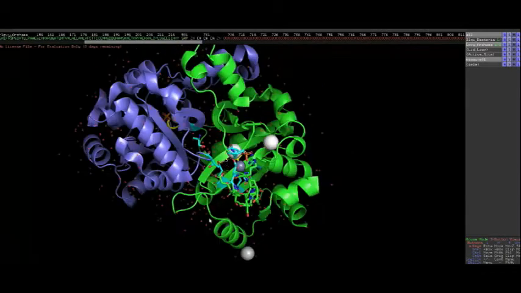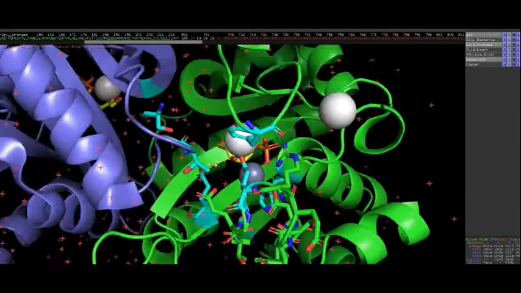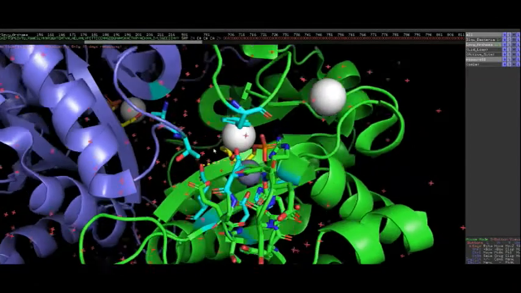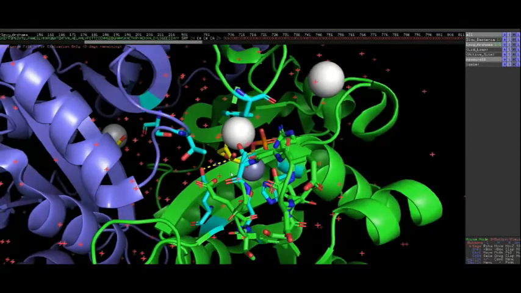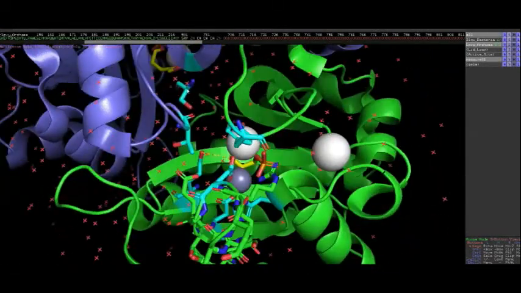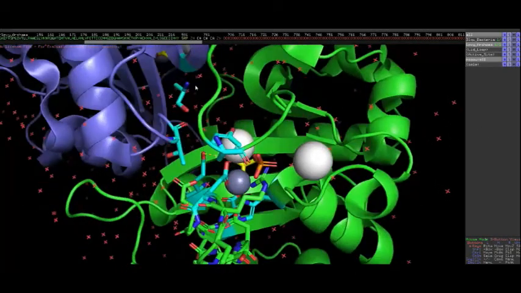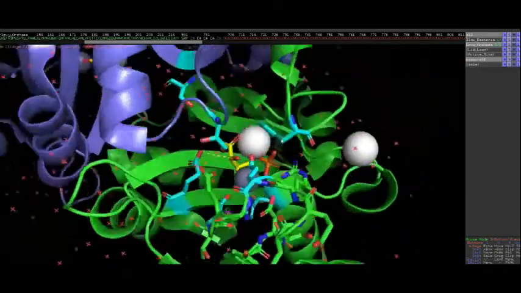We do see that this is in a dimer form, and some of the amino acids in the active site here are actually being brought in from the dimer, and so interestingly, this serine here looks like it's modeled in away from the cartoon ribbon there.